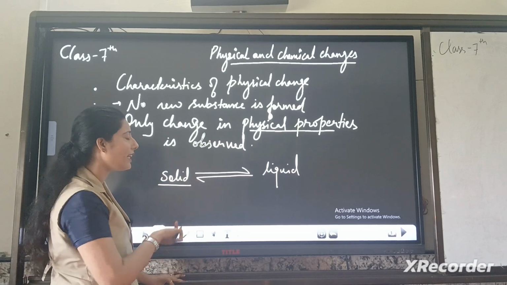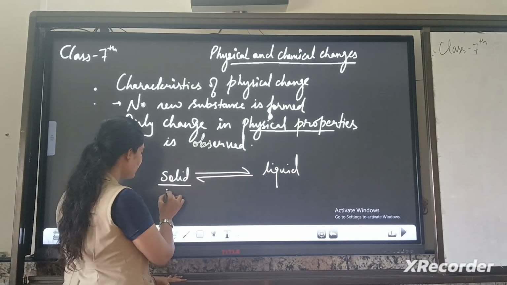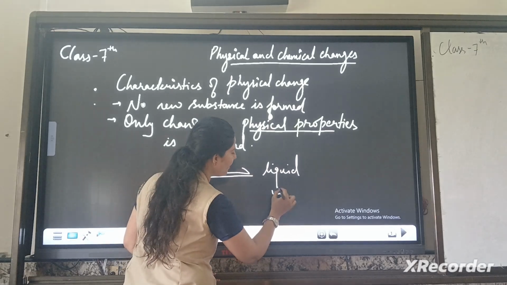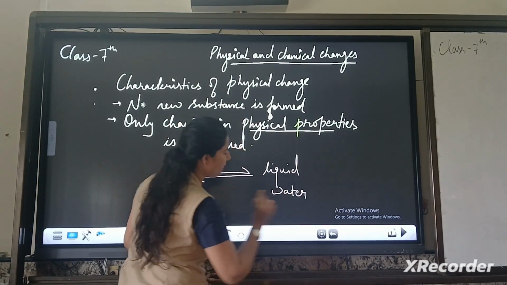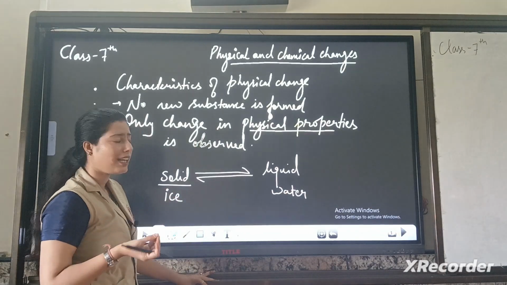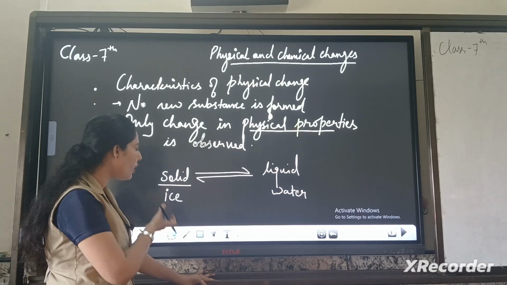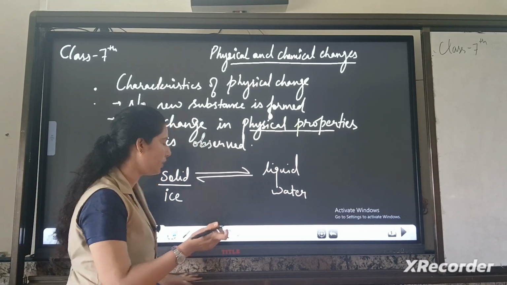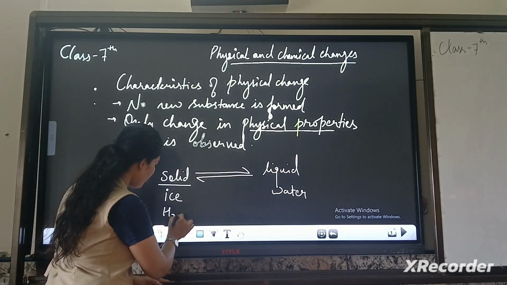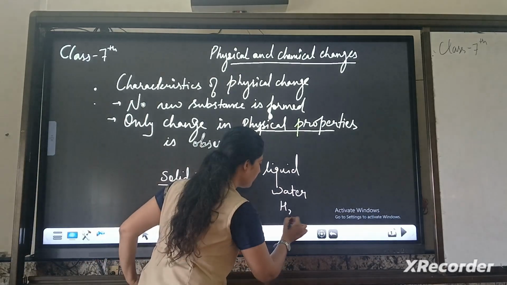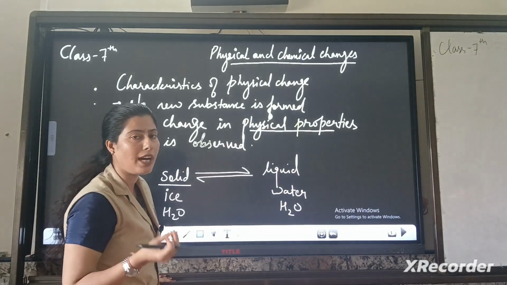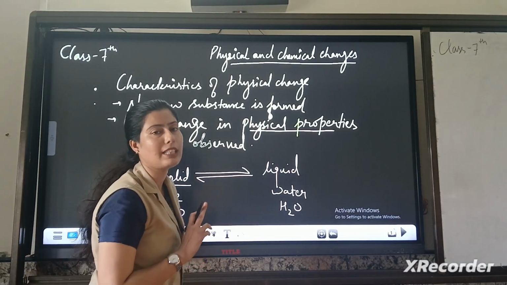I have taken an example: I have ice and here I have water. Everyone knows that water, or ice, is made up of H2O molecules. An H2O molecule has 2 hydrogen atoms and 1 oxygen atom.